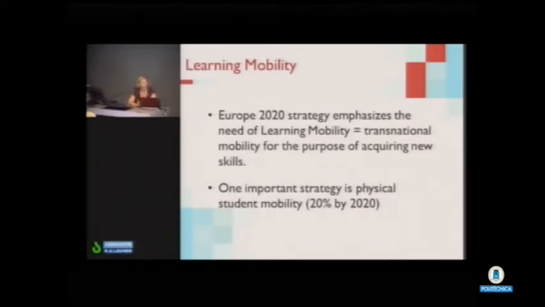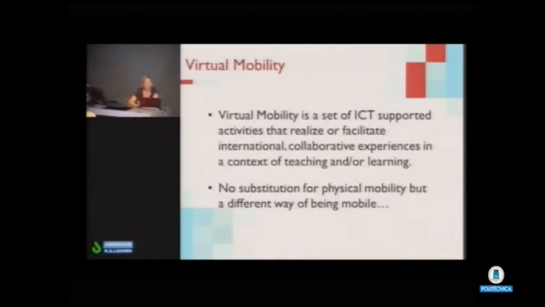What we would like to talk to you about today is virtual mobility as a strategy for realizing internationalization. Virtual mobility is a relatively new concept, a broad concept that is interpreted in many different ways. The definition we use here at the Media and Learning Unit, and that we've used in the framework of this project, is virtual mobility as a set of ICT-supported activities that realize or facilitate international collaborative experiences in a context of teaching and learning.